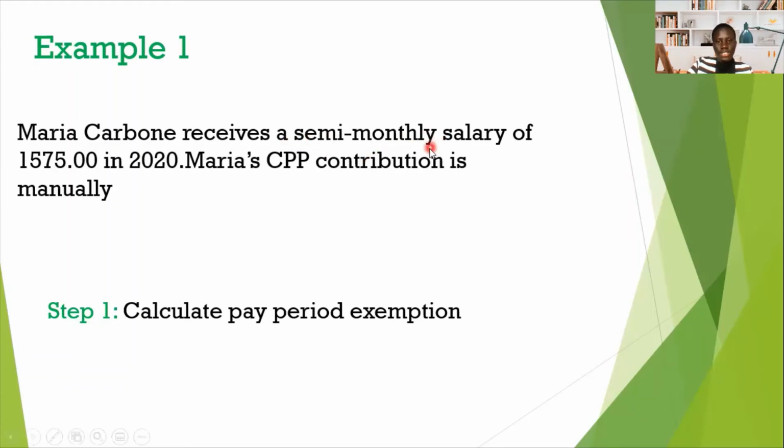It is semi-monthly, which is 24 pays a year, so she gets paid 24 times a year. Keep that in mind. Maria's CPP contribution has to be calculated manually, right? So outline those things, mark them in your head, and then go ahead and do your calculation.